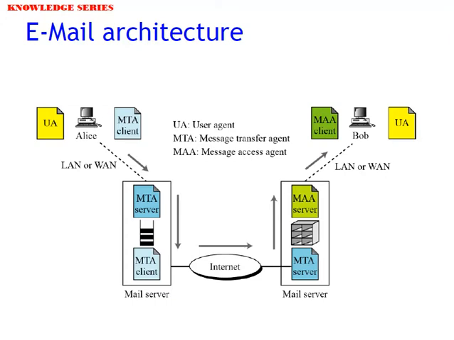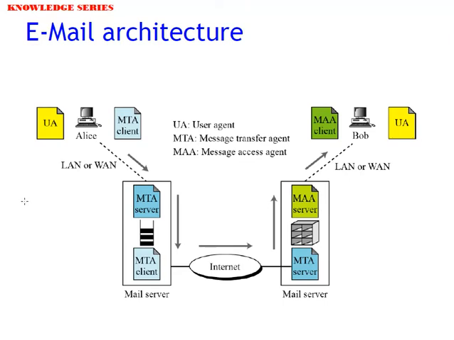When Alice needs to send a message to Bob, the first thing is that Alice will invoke the user agent. The user agent is a program by which a message can be prepared.